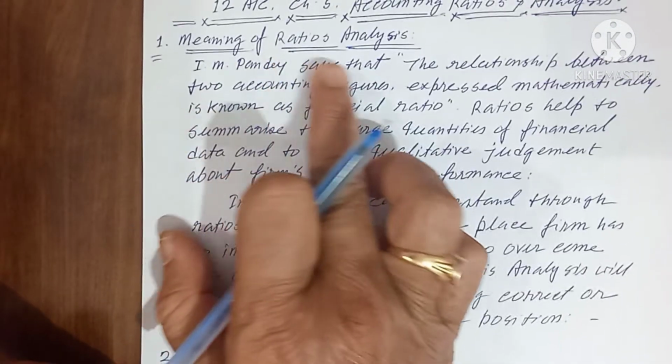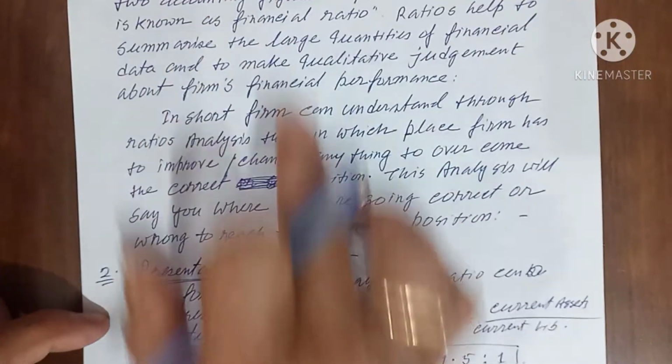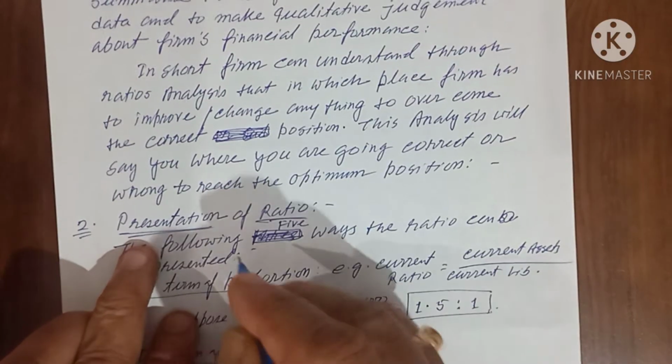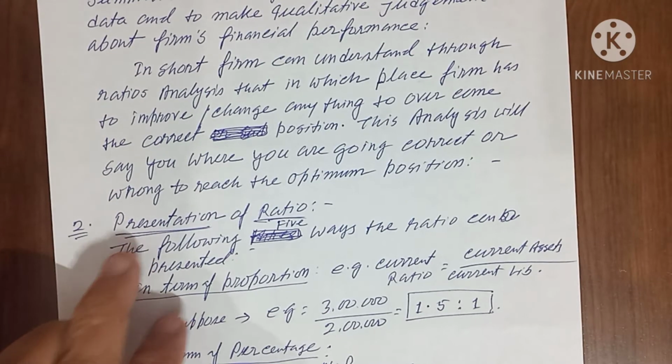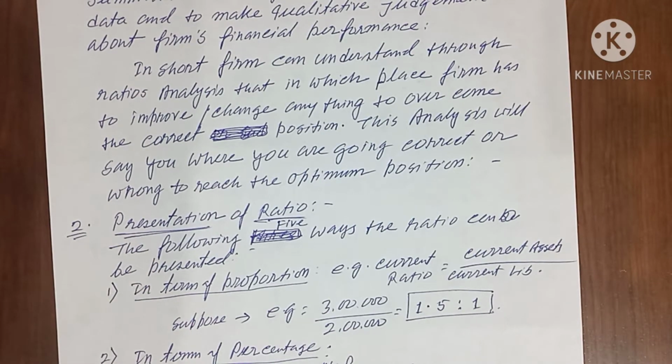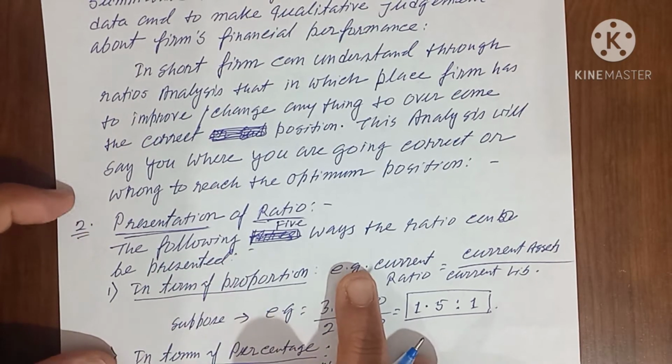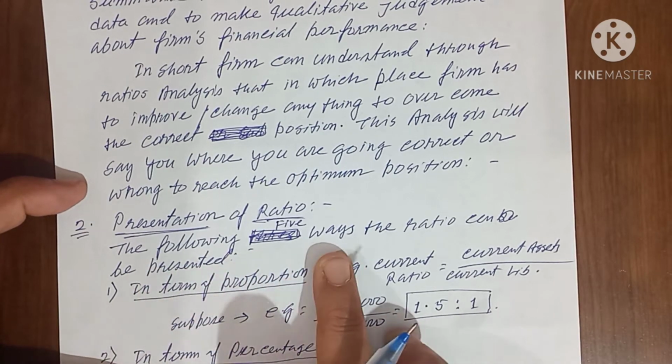The first point, I told you, is the meaning of ratio analysis. The second point is the presentation of the ratio, how it can be presented. Whenever you are going to compare one data with other data, it can be compared in different ways. So how many ways are there to compare? That MCQ may come. The following 5 ways are there.